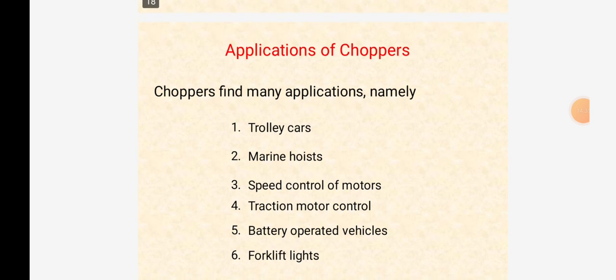The choppers find many applications, namely trolley cars, marine hoists, speed control of motors, traction motor control, battery operated vehicles, forklift trucks. Mostly the choppers are used where the working is on and off, so the chopper works as a switch.